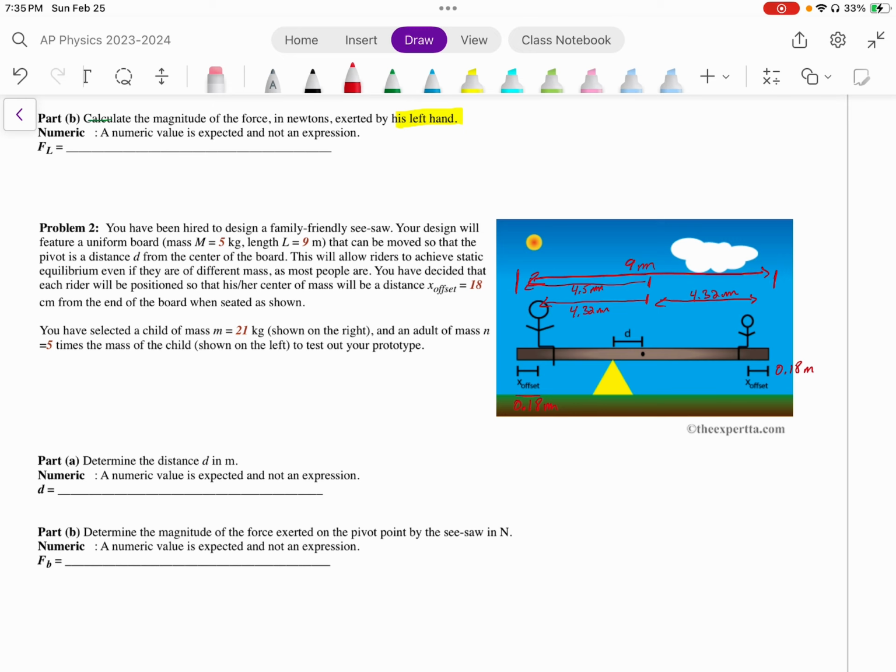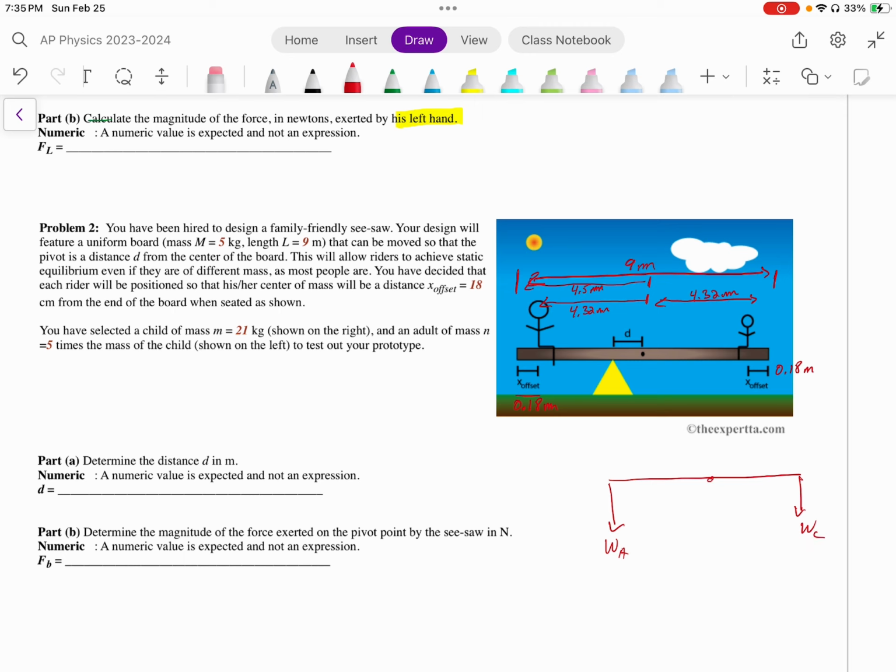They're asking for a distance, so we're going to have a torque. I can't solve this problem without a torque equation because there's a distance associated with it. So I'm just drawing where the man is. This is the weight of the adult. Force of gravity adult, just less symbols. This is the weight of the child.